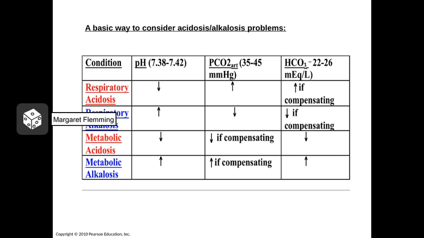This is a very simple way to take a look at acidosis and alkalosis problems. Across the top here, we have the condition, and you can see the four that we've already talked about. We have what kind of shift in pH would occur.